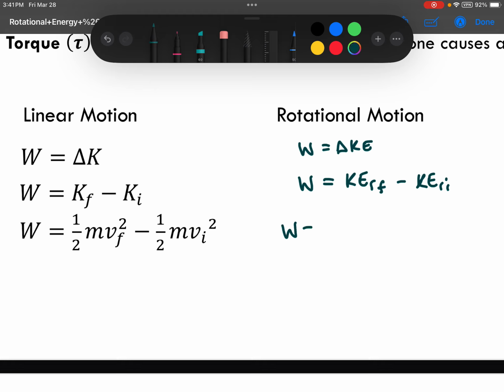And writing all of that out, that's going to be work equals 1/2 I omega_f squared minus 1/2 I omega_i squared. And so that is what our work-energy theorem will look like if we're just dealing with rotational motion.